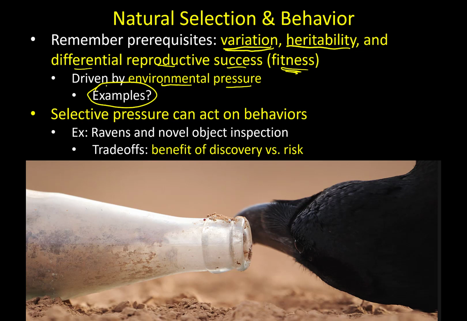Now, selective pressure can act on behaviors just like it can act on physical characteristics. The example I'm going to give you is the relationship ravens have with novel objects in their environment. A novel object is an object they have never seen before. It's something brand new. Ravens are part of a group of birds called the Corvidae.